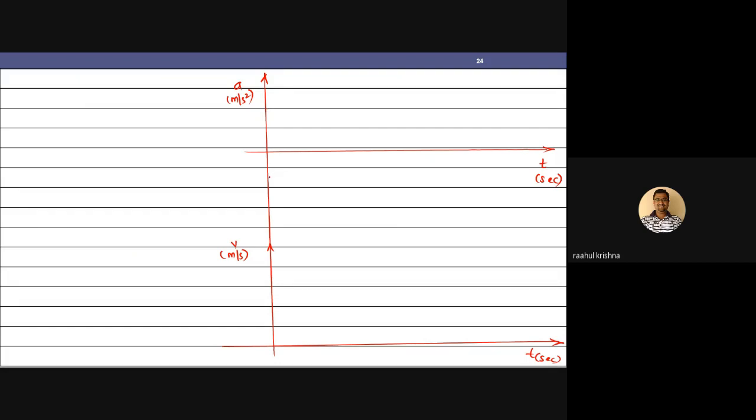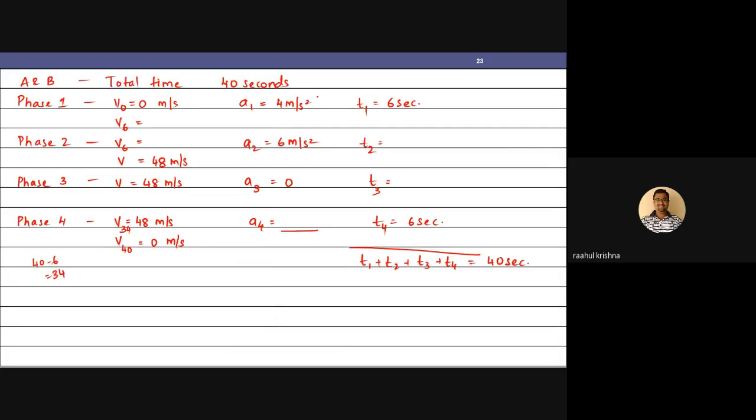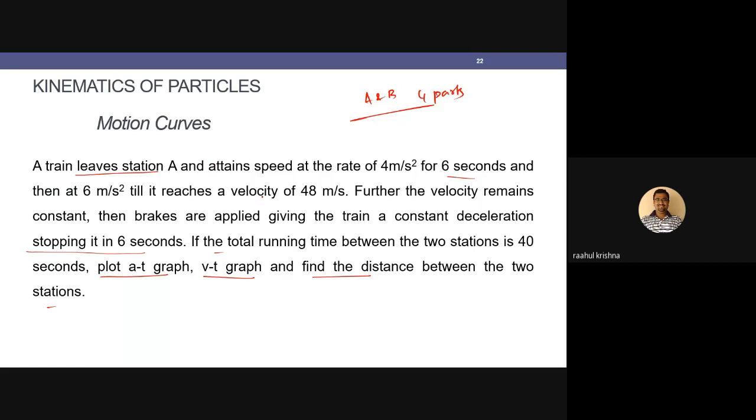Now here, has it been given that my acceleration is uniformly increasing, uniformly variable acceleration, or is this a case of uniform acceleration or variable acceleration? This part given here, what do you think? It attains speed at the rate of 4 meters per second square, which is given. So is this a case for uniform acceleration or for variable acceleration?